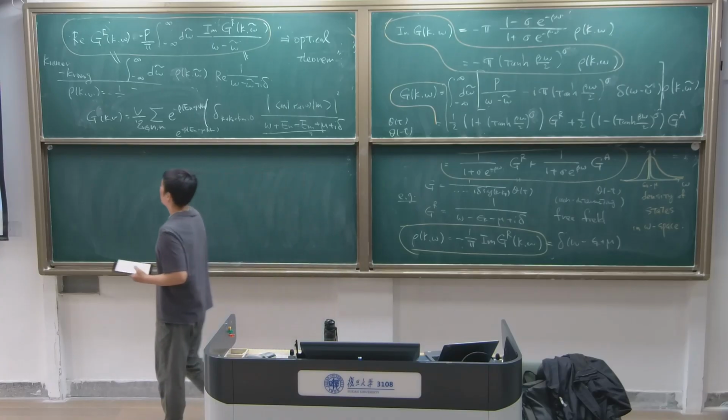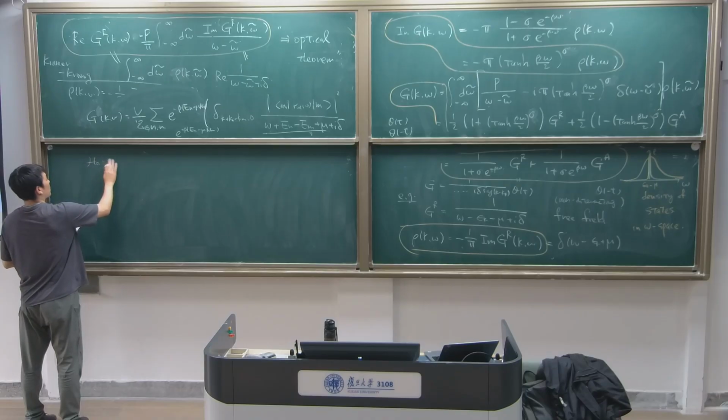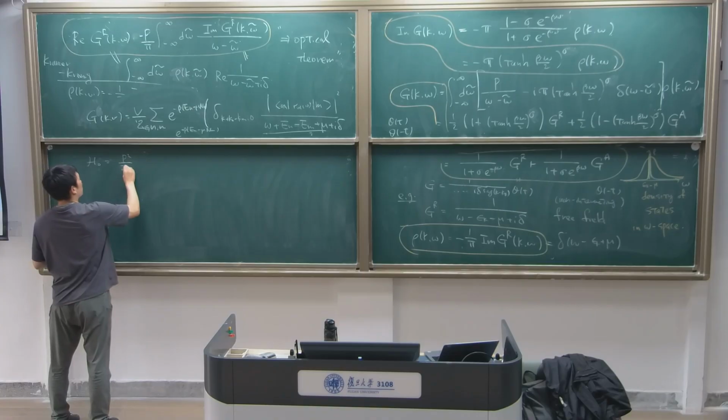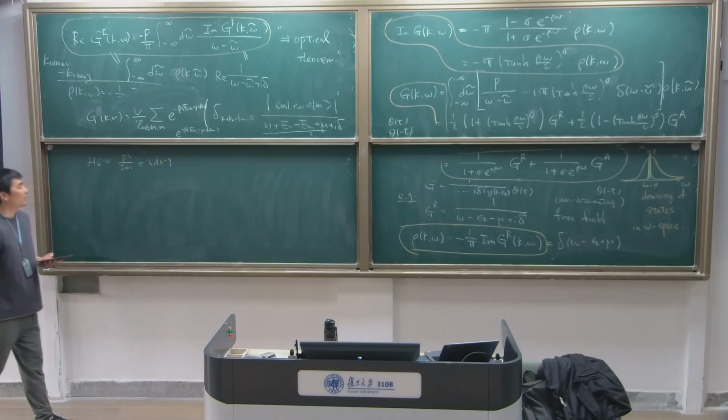So far, we only considered H0 as the following. H0 is something like p squared over 2m plus U of r. You always have this kind of H0.